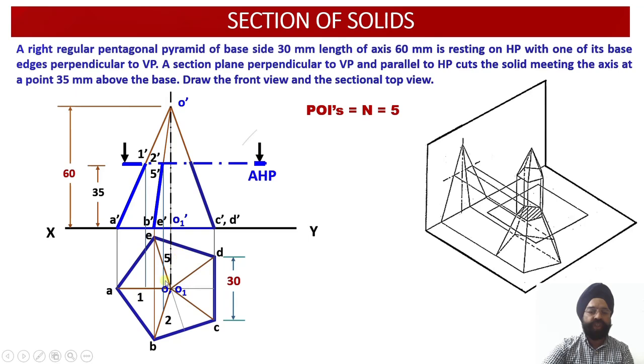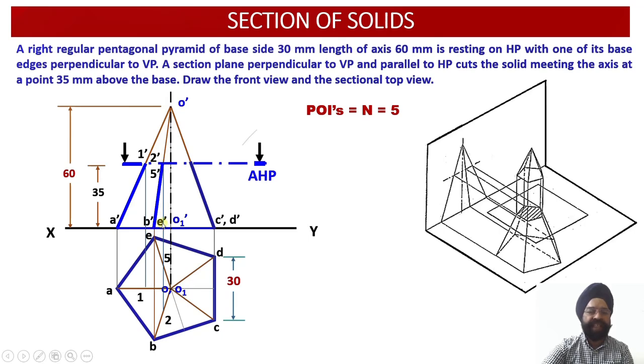Similarly, because OB is going to overshadow OE, obviously point 5 dash is going to lie upon the slant edge, that is O dash E dash. So O dash E dash is lying again at the same place. O dash E dash has also been cut by the cutting plane.